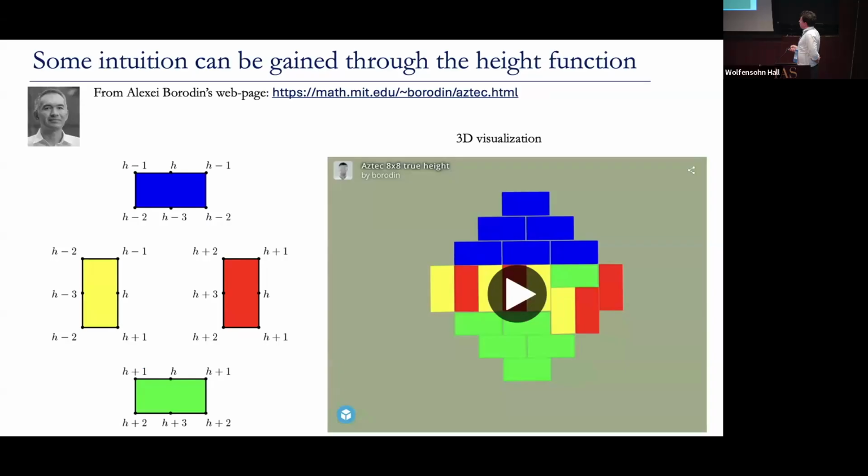A way to understand it, and I borrowed it from Alexei's webpage, you can play around with it. Just go to his webpage and see, he has very nice animations. The way to understand it is to lift those dimers or dominoes to 3D, to assign a height function to them. One can do so per this assignment.